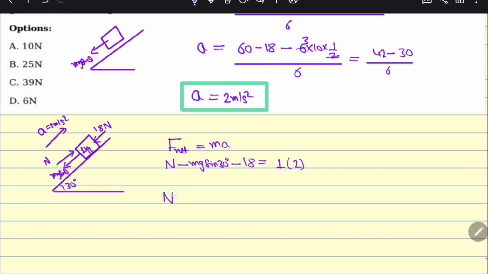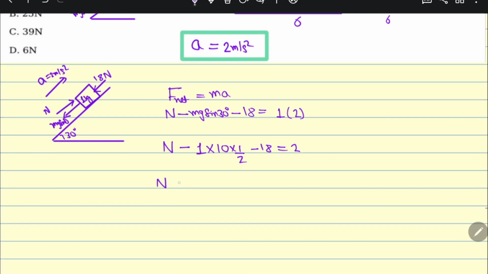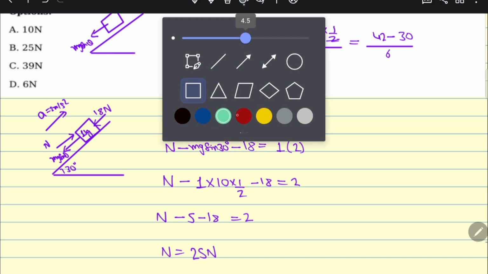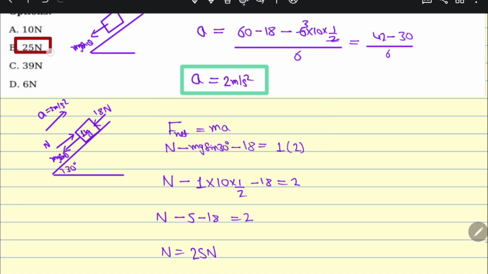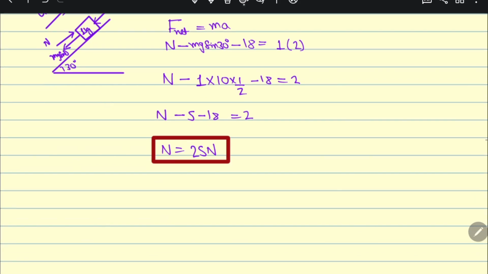Here m g is 10 and sin 30 is 1 by 2, so 5, minus 18, equals 2. So the normal reaction comes out to be 25 Newton. Is any option there? Yes, option B is correct. Option B is correct.